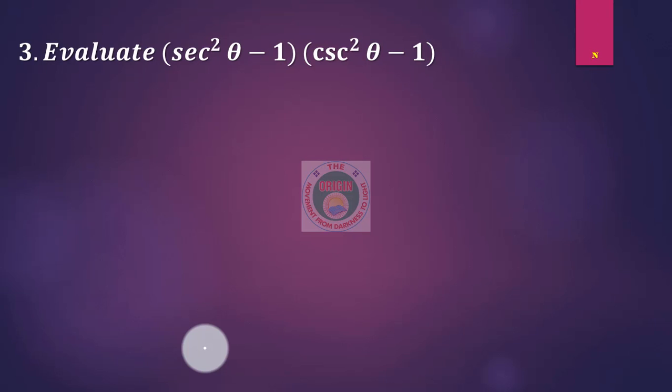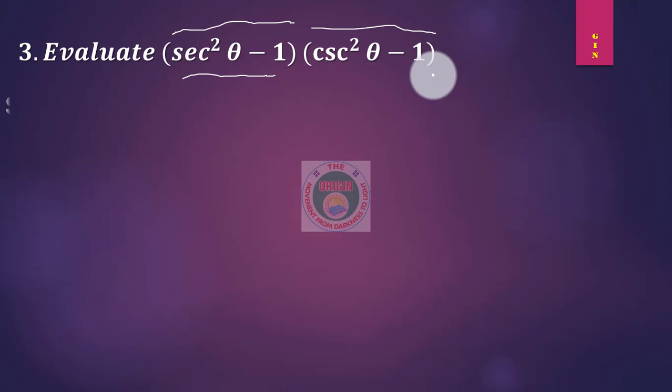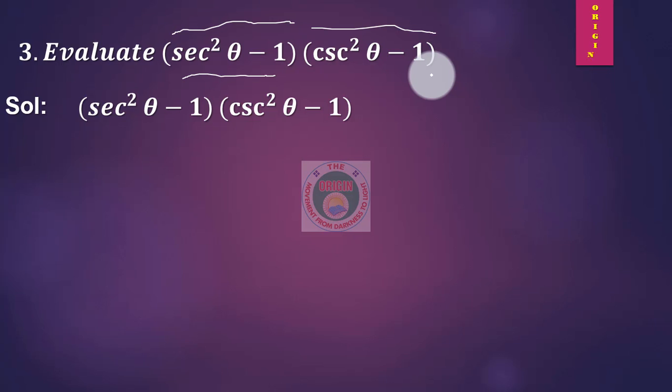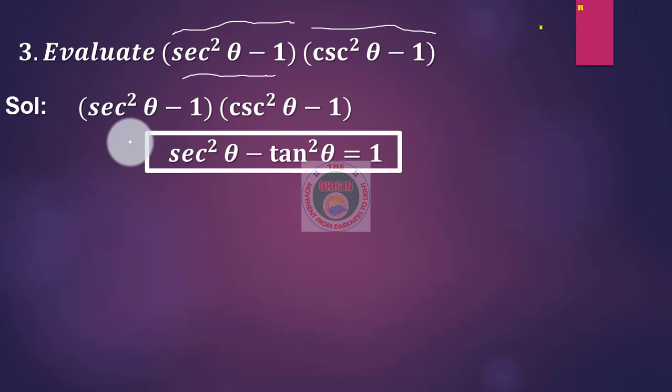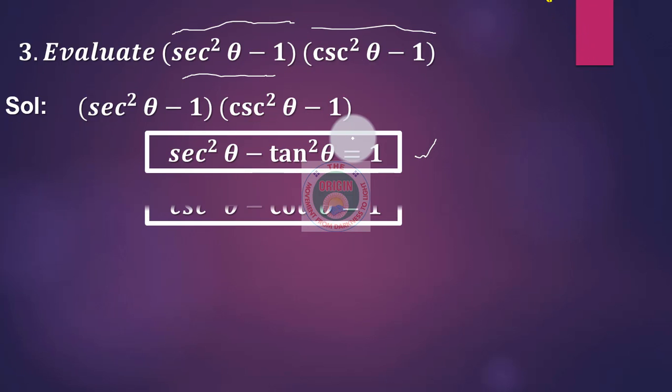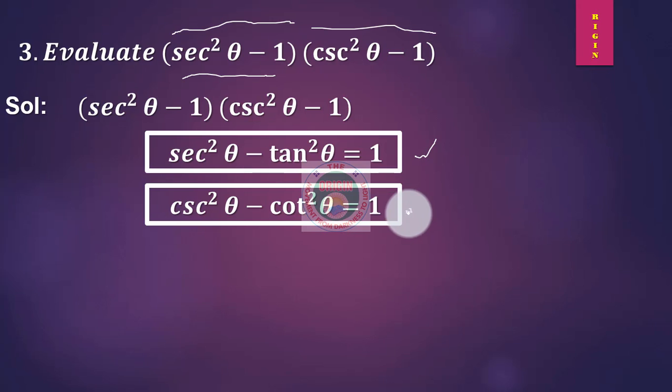Next, third problem. Evaluate secant square theta minus 1 and cosecant square theta minus 1. In the solution, secant square theta minus tan square theta equals 1. Already you know the formula. And cosecant square theta minus cot square theta is equal to 1.